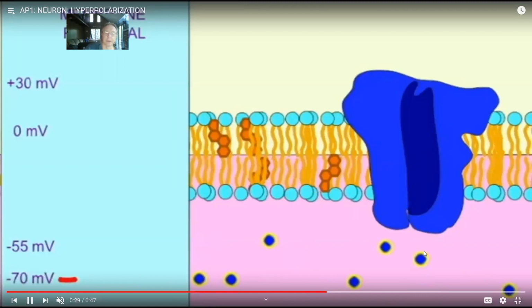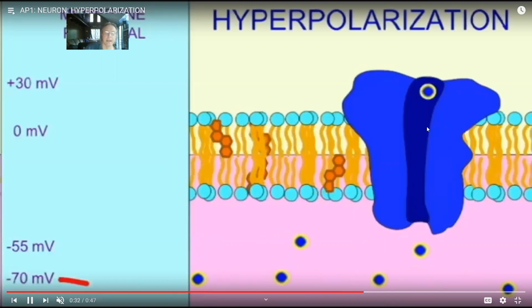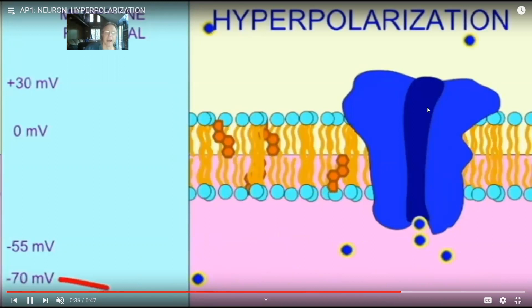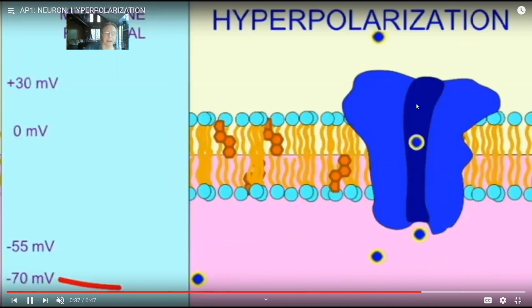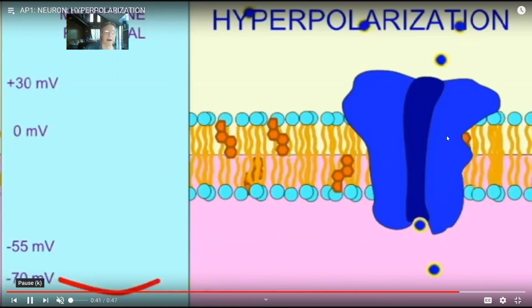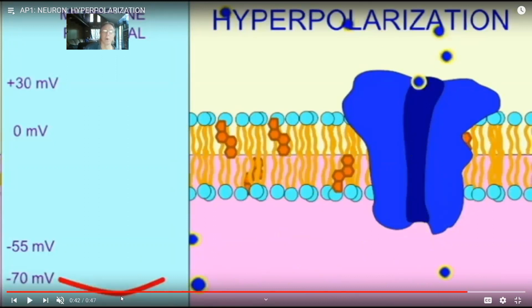And if something were to happen, and this could be a response to neurotransmitters, or a number of things, and potassium gates open, then potassium ions would leave, and the cell would hyperpolarize. It normally has a resting membrane potential. If it becomes more negative than that, that is referred to as hyperpolarization.